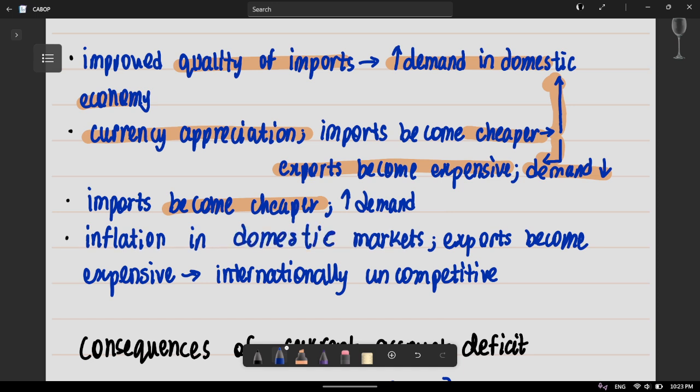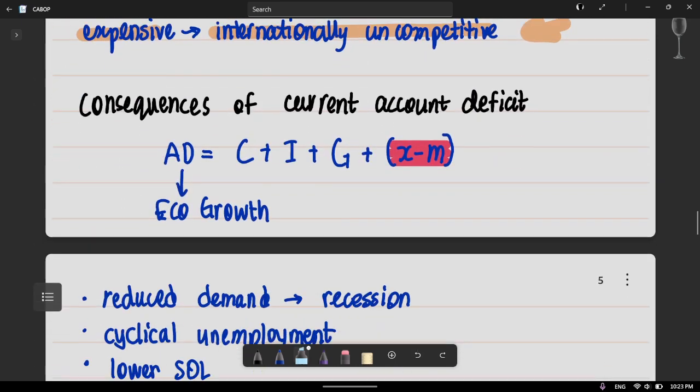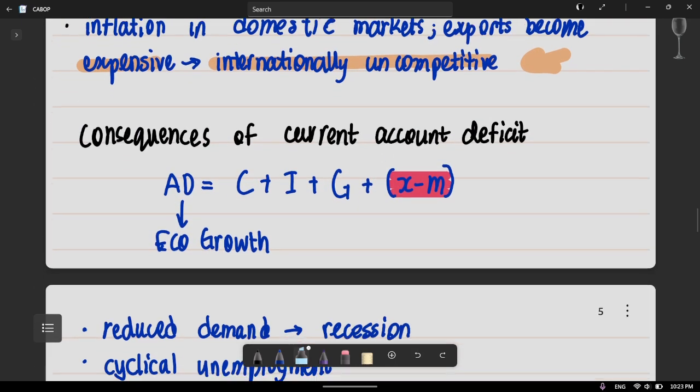Inflation in the domestic market causes exports to become expensive, which causes them to become internationally uncompetitive. This point can also be explained because it shows that my exports are decreasing, while my imports are the same, which is still going to cause the deficit. So this is how you could explain it. These are different points you could mention.